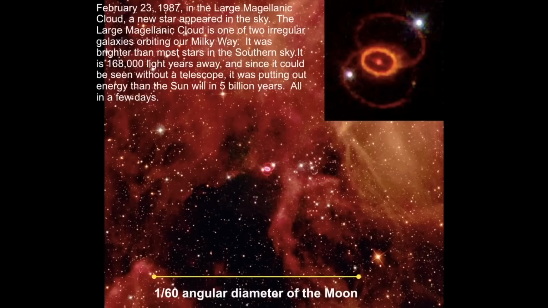So later on, we see images of rings surrounding supernova 1987A, and the bar shows 1/60th of the angular diameter of the moon, which is about one half of an arc minute. So that shows it's not very big in the sky, but at least it's noticeable in a small telescope.